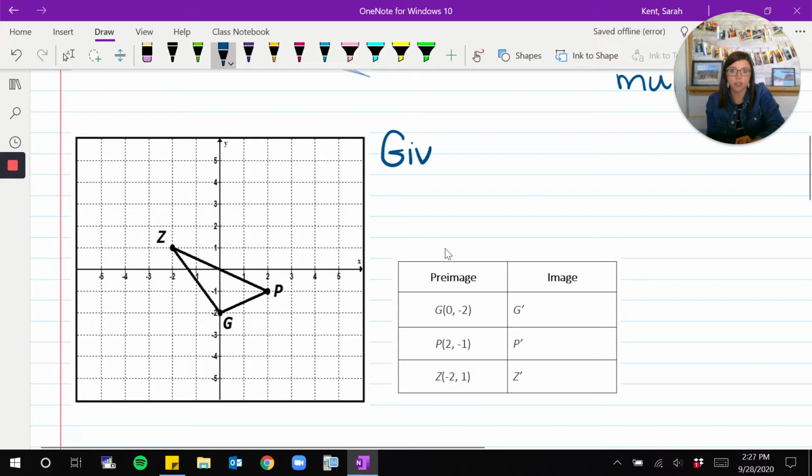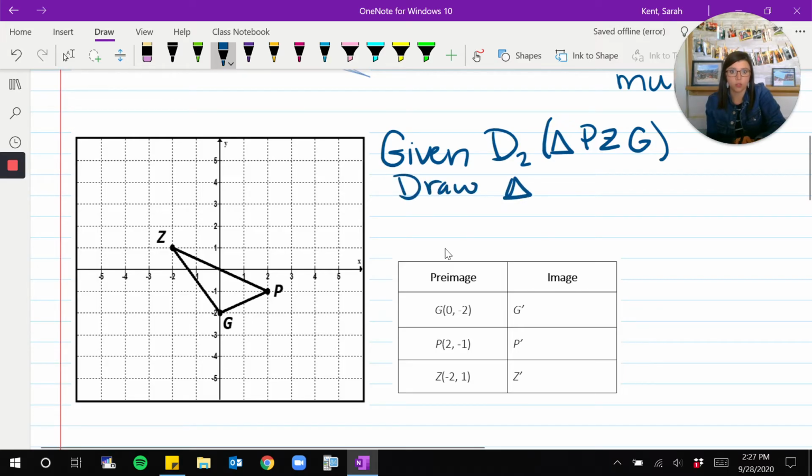The question says, given D2, let me make that look like a 2 and not a Z. Given D2 for triangle PZG, draw triangle P prime, Z prime, G prime, the new triangle.